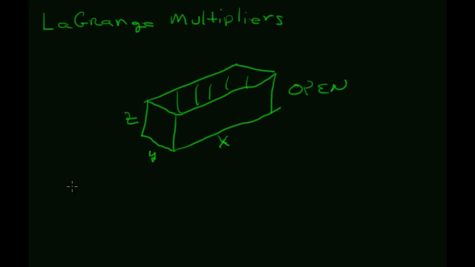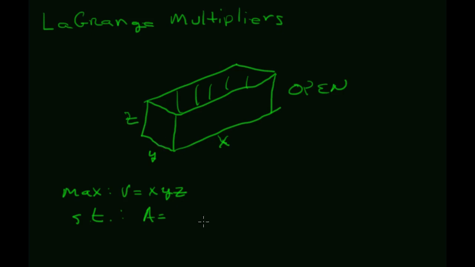So our problem here is we want to maximize the volume of the box, which is going to be x times y times z. But we're going to be subject to a constraint. And our constraint is that the area or the amount of cardboard that's going to be used is going to be restricted to 12 square units.